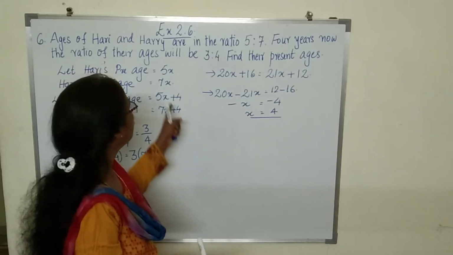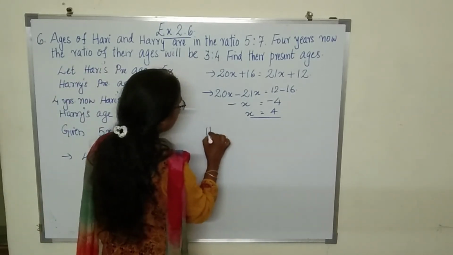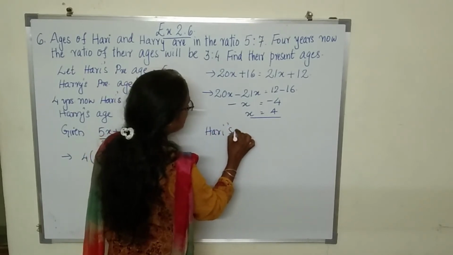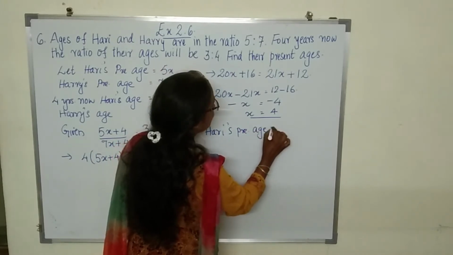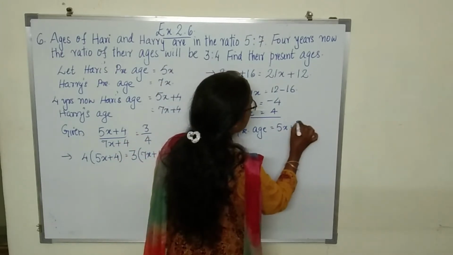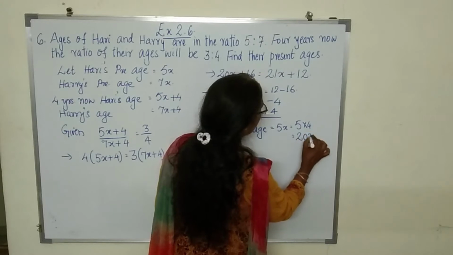What are we asked to find out? Their present ages. What is Hari's present age? Hari's present age is 5x. That is 5 multiplied by 4, that is 20 years.